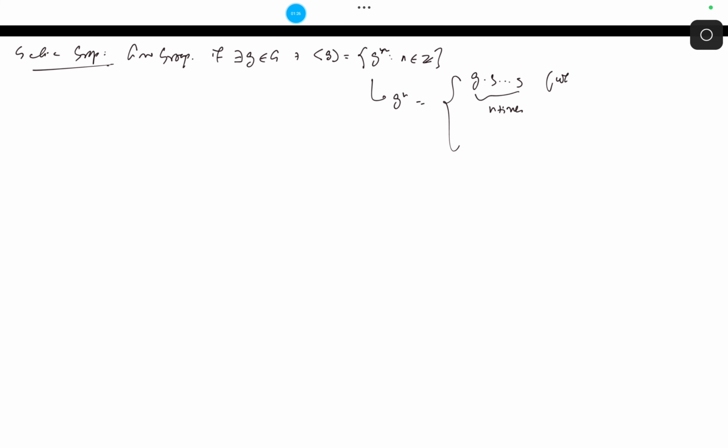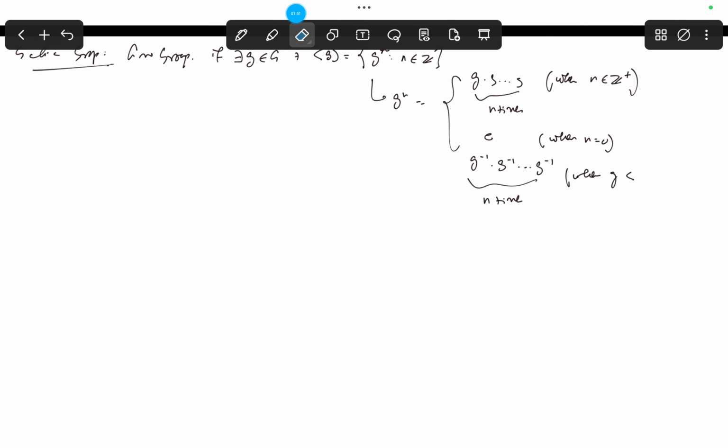It is considered that G is a group, and if there exists some element g in capital G such that the subgroup generated by g, which is basically g power n, where n belongs to Z, and g power n is defined as g times up to g, this is n times when n is positive, and it is identity when n is 0, and this is g inverse times g inverse times up to g inverse, that is up to n times, when n is negative.